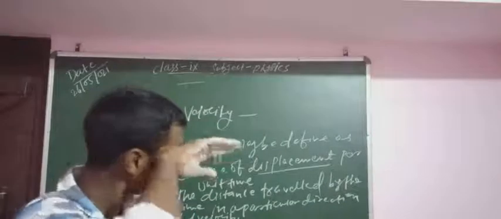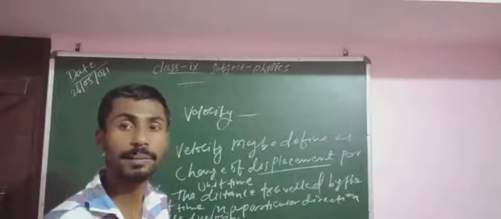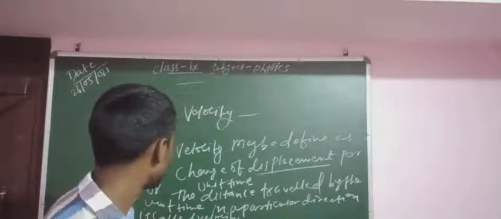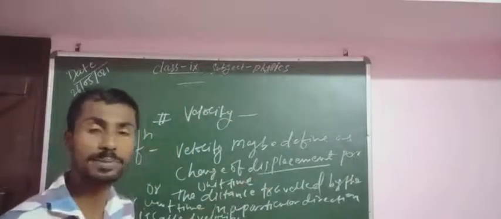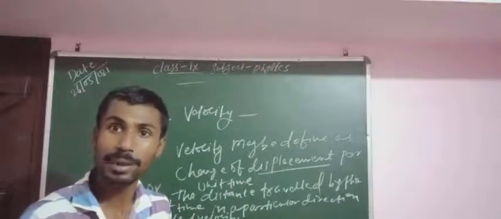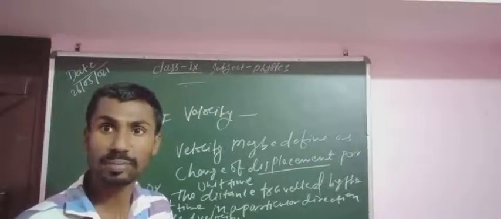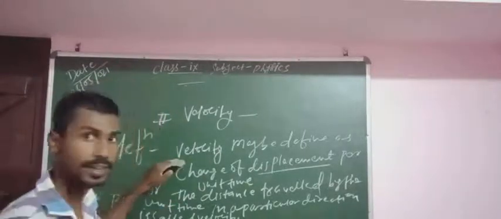That means it is slightly different from speed. Distance traveled by the body per unit time is equal to speed. In that case, direction is not mentioned, but in velocity, direction is mentioned.